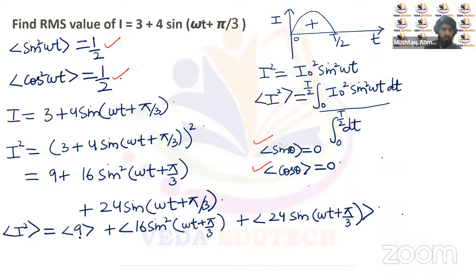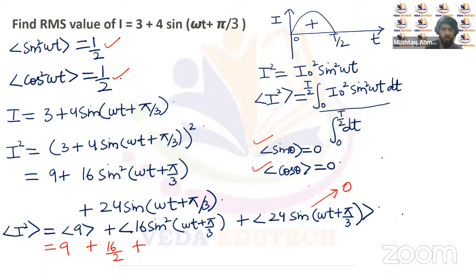Now you can see the mean of 9, it's a constant, so it will be 9. And for the mean of sin square(ωt + π/3), there's a constant 16, we'll take it out, and the mean of sin square θ is half, so you can write it as 1 by 2. Plus we'll be left with the mean of this sin(ωt + π/3), and we know that the mean of sin θ for the complete cycle is 0. So the mean of this term will be equal to 0.